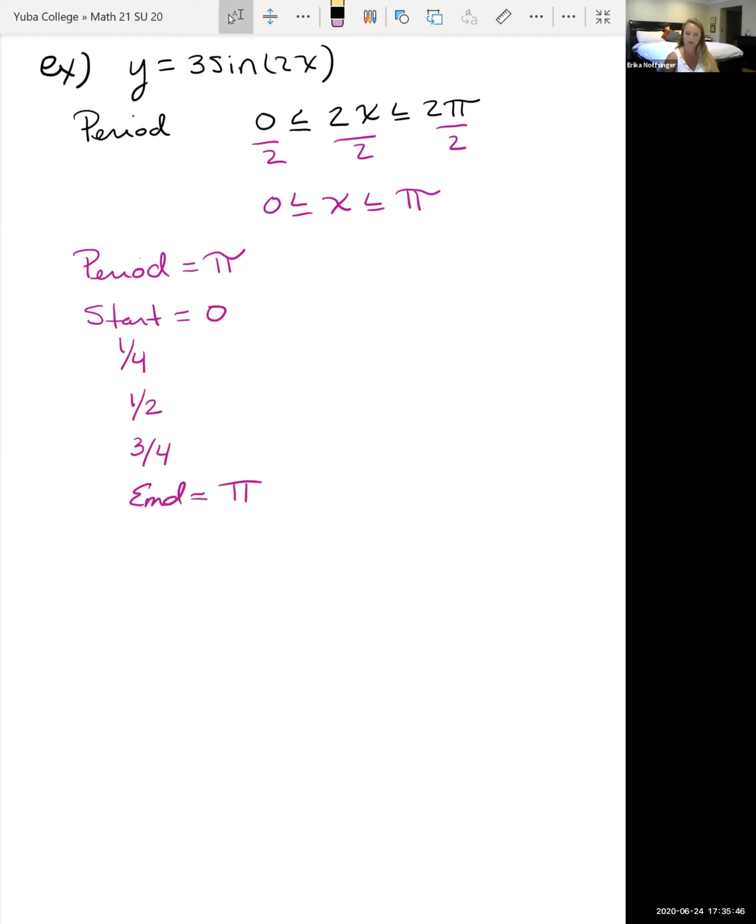So if we sum these two and divide by 2, or multiply by 1/2, 0 plus pi is pi, pi times 1/2 is pi halves. You probably could see that that was a halfway mark. 0 plus pi halves is pi halves, times 1/2 is pi fourths.